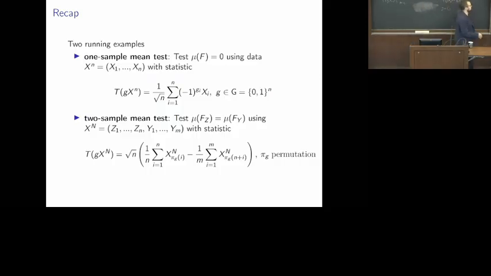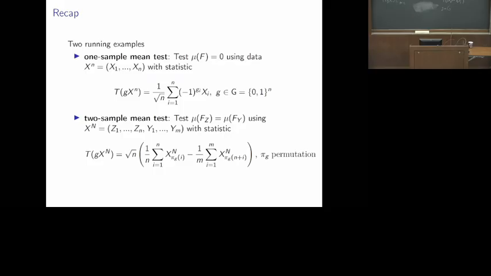So I'm just reiterating the notation. We had one example where we had n observations, and we want to test the value of the mean. Without loss of generality, we test that the value is 0. And one way of doing that is, well, if the mean is really 0, intuitively from an engineering perspective, a good way of getting power if the null is not true is just using the sample average as a test statistic.